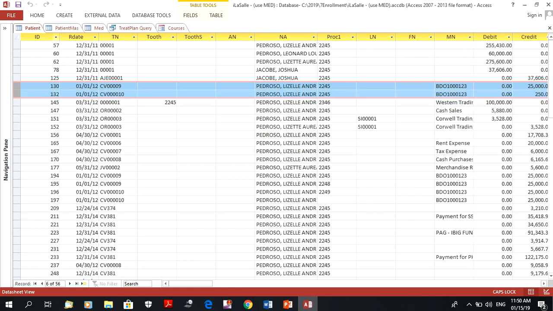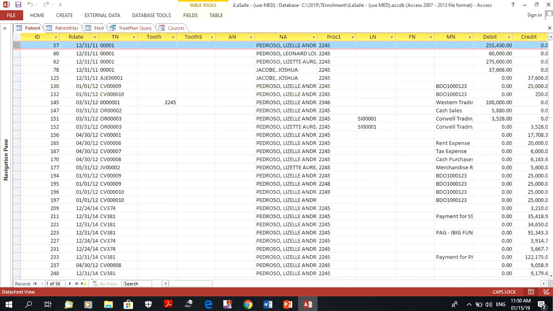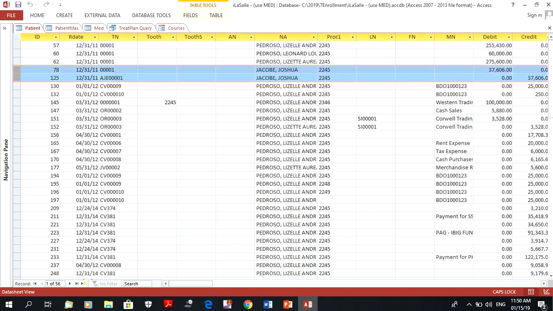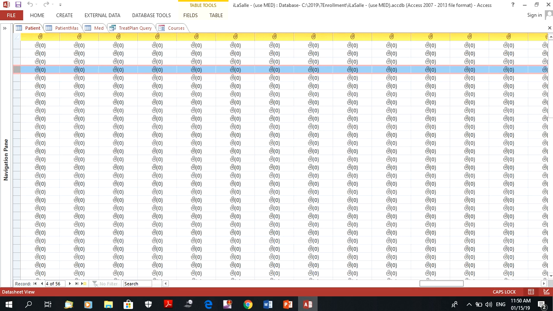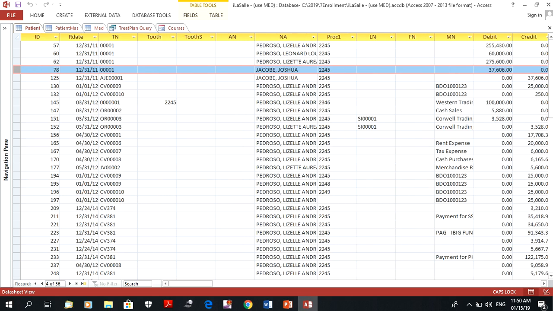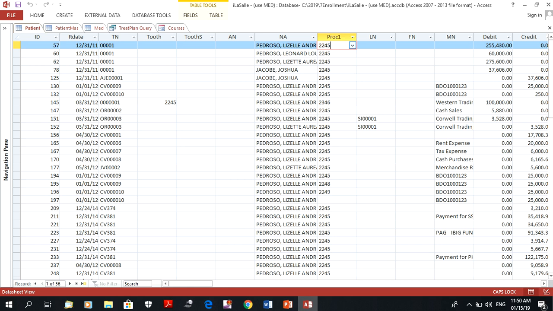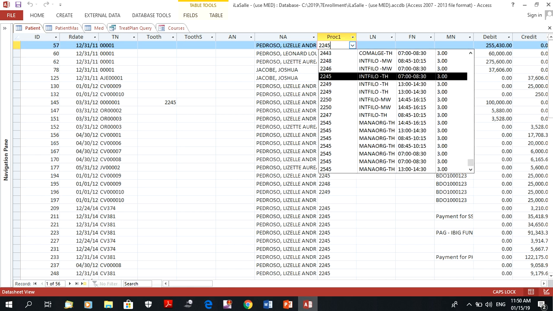Let's say Joshua here has 2 subjects enrolled. This is basically what this table is for. It's enrolling how many subjects, and the subjects are recalled by popping up this screen.